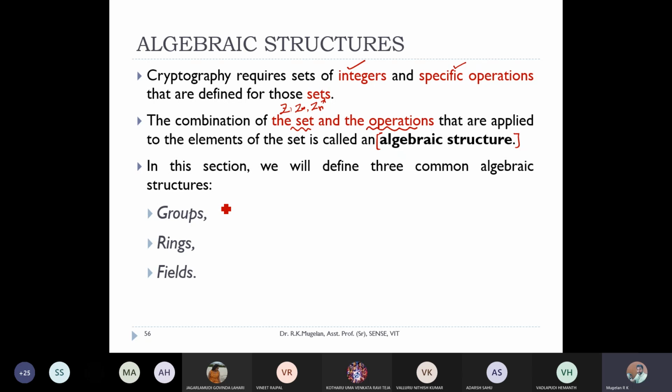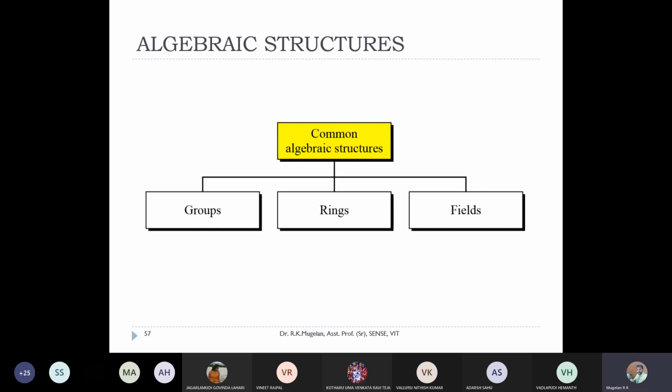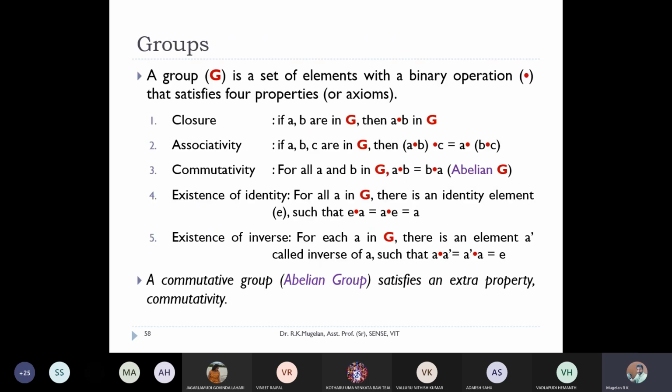Especially there are three algebraic structures called groups, rings, and fields. The field is the backbone of modern-day cryptographic techniques, and to understand the field, you should know what a group and a ring are.